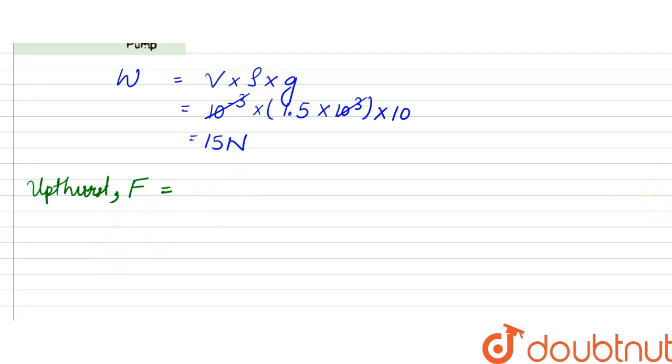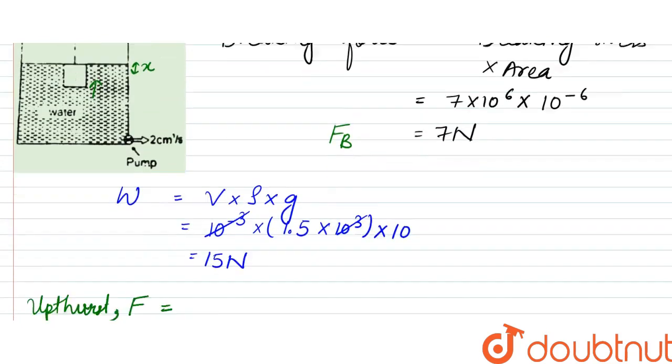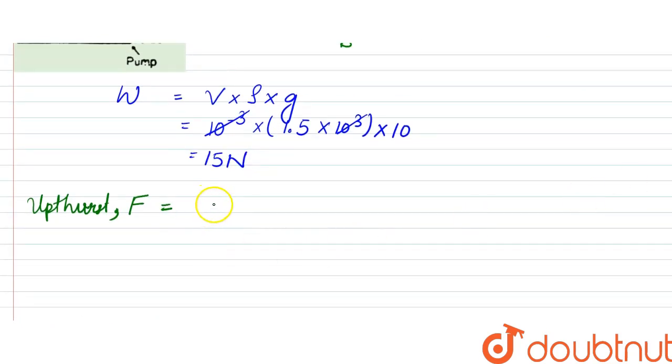So when the water level descends by x, the volume submerged would be: the area is 100, into 10 minus x as the height, into 10 to the power minus 6 to be converted into meter cube, since 100 into 10 minus x is in centimeter cube, into the density of water, that is 10 to the power 3, into g.